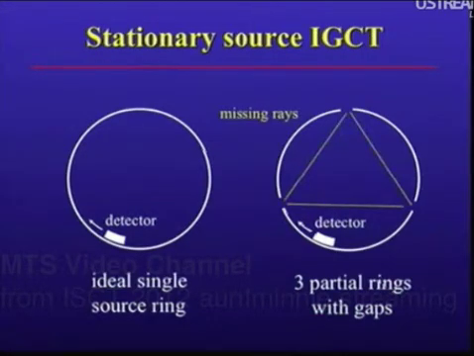The problem turns out to be that in the rays that connect a gap with another gap, you will never be able to collect that data since you don't have any illumination from either one side or the other. But within that triangle, in the circle, the data are fully sampled, and that becomes your fully sampled field of view.